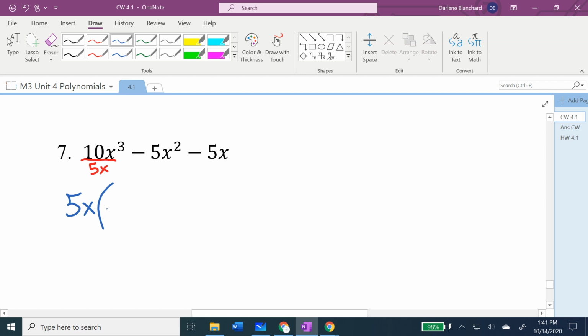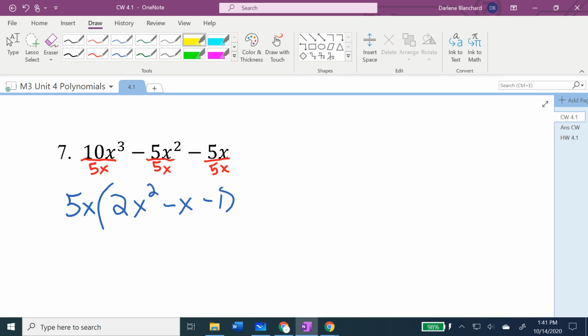And I'm assuming someone is trying to type it right now. 2x squared. And then what's left if I divide 5x squared by 5x? And what am I left with on this last term when I divide by 5x? There we go.